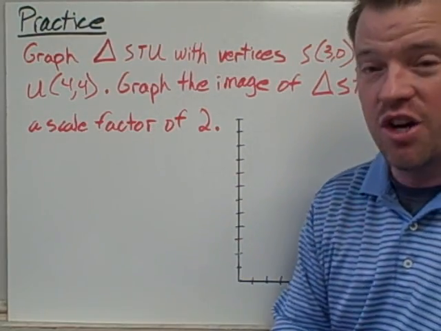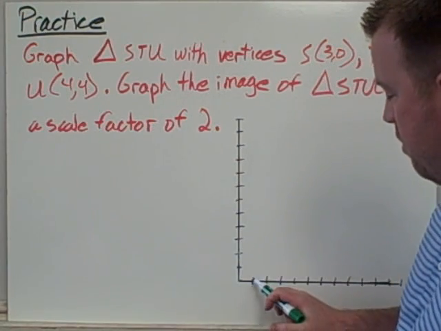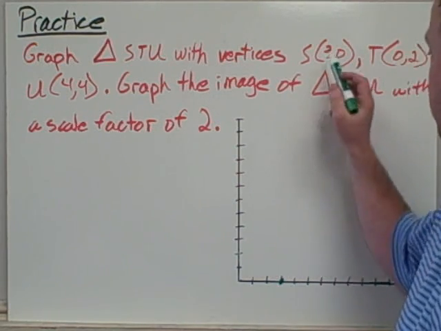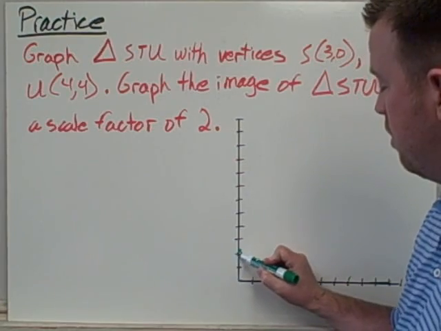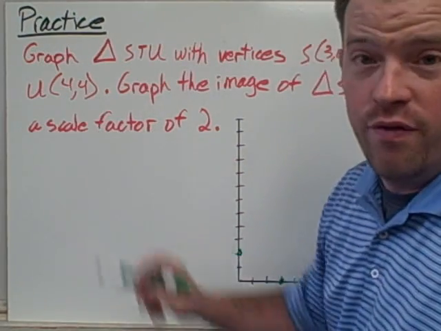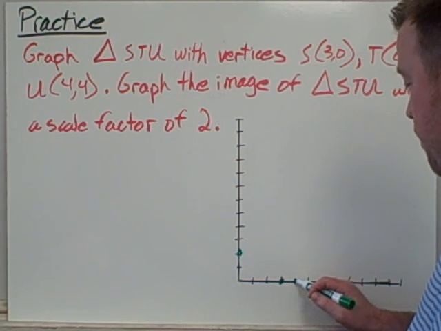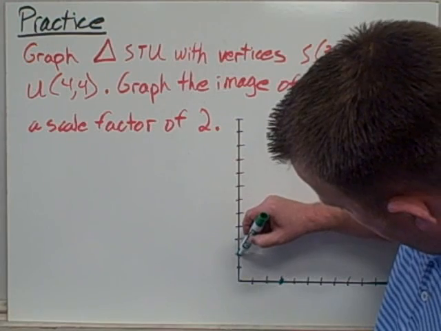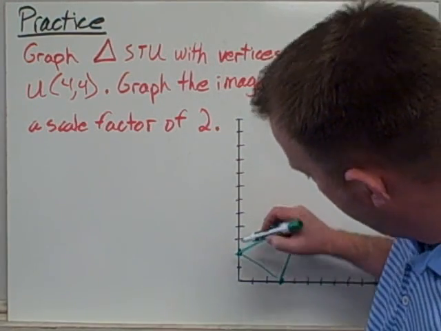Let's start by graphing the original STU at 3, 0: we go over 1, 2, 3, and we don't go up. 0, 2: we start at 0, we don't go right or left, we go up 2. And then we have 4, 4. So we go over 4 and up 4. And we can connect those, and it looks something like that.